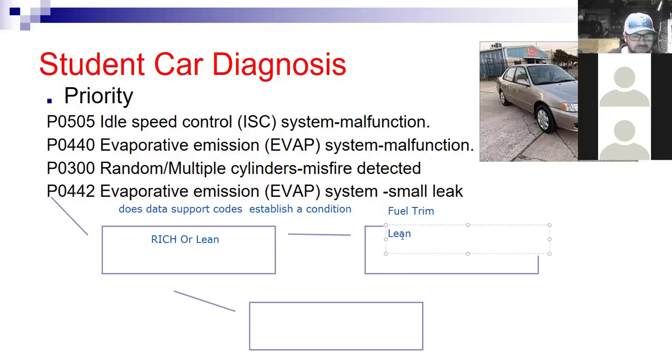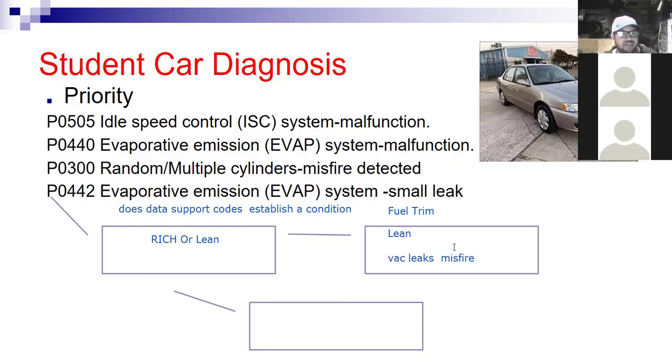I'm going to be looking for things like vacuum leaks. Also, a car that's running lean could be causing that misfire. So again, a lean running air fuel mixture relates to a misfire. I'm going to look for things like vacuum leaks. I might dig in the ignition.